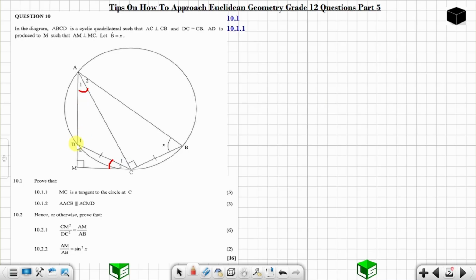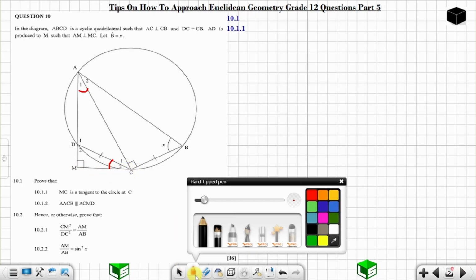From the chord DC, you have this angle in the alternate segment. So if the two angles are equal, then MC is a tangent to the circle at C, or you can use the chord AC and the line MC.